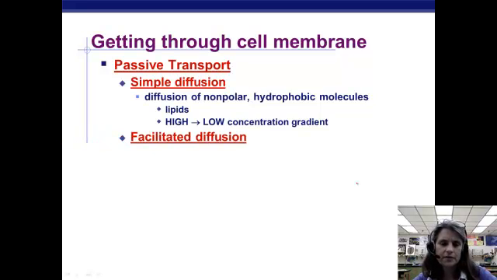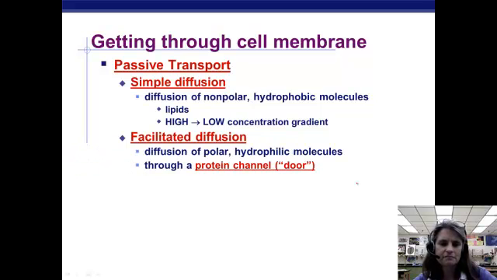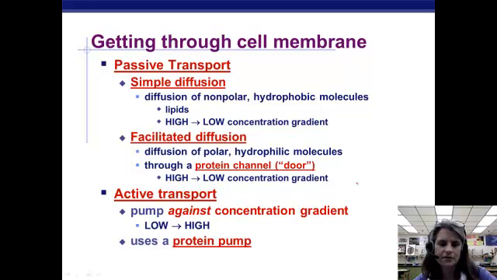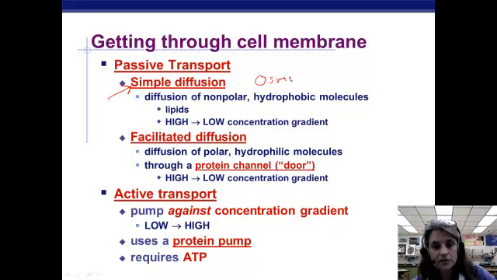Passive transport, I'm just going to put all of this up here so we can see what we're talking about. We've got passive transport: simple diffusion, which might also include osmosis.